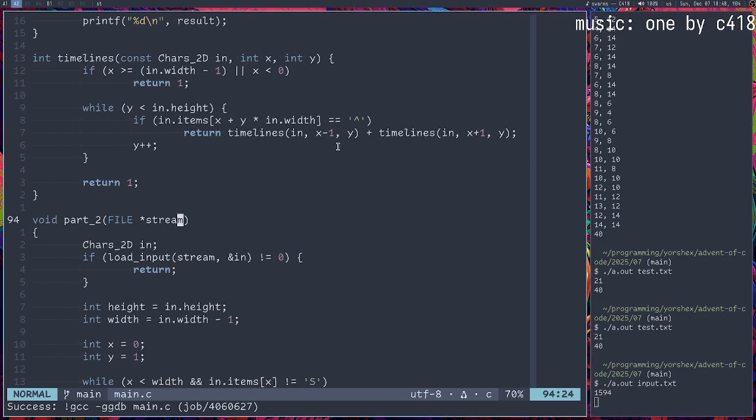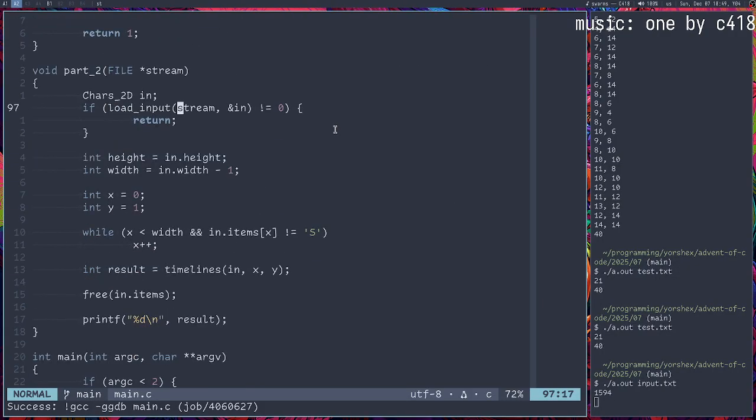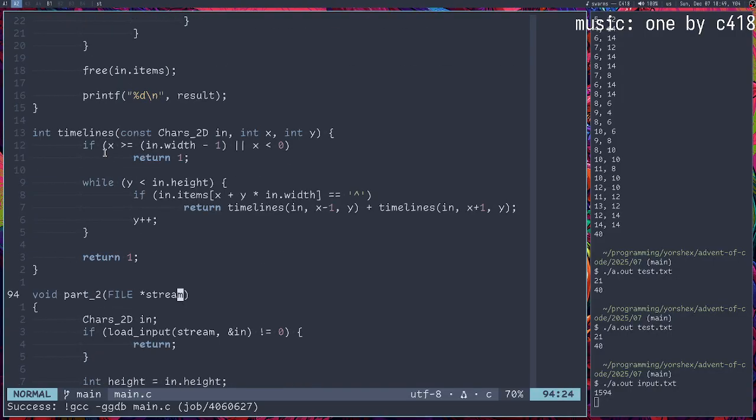Has to traverse that many paths. Man, this cannot be a good solution.